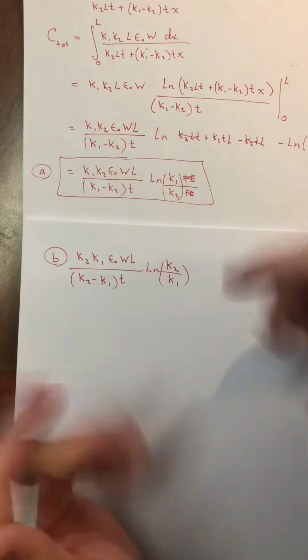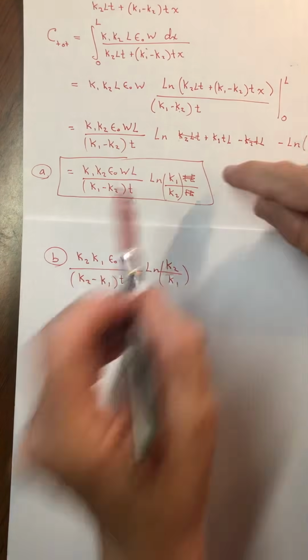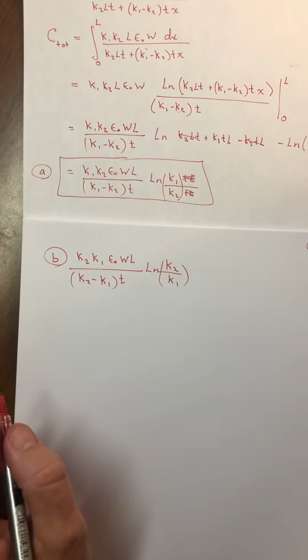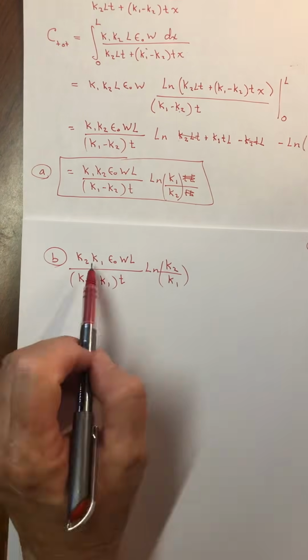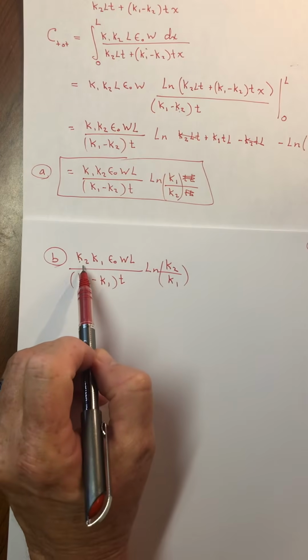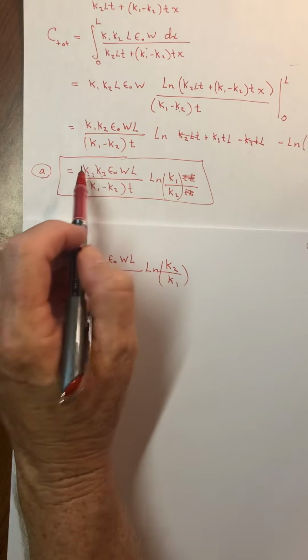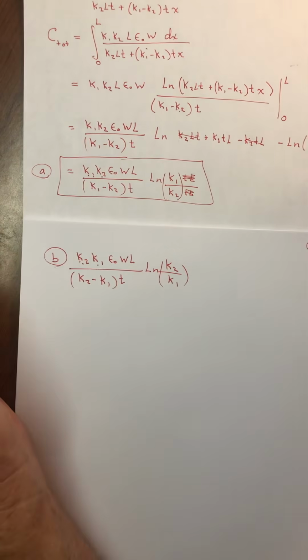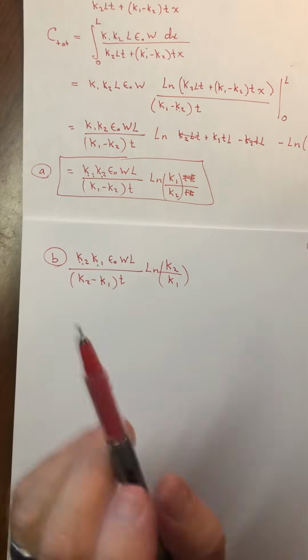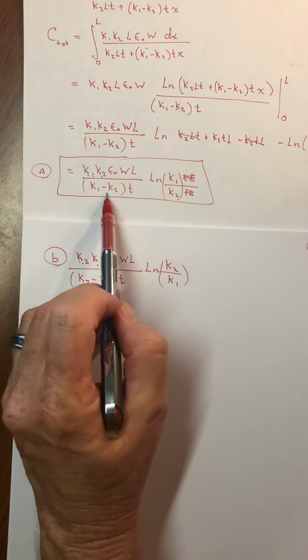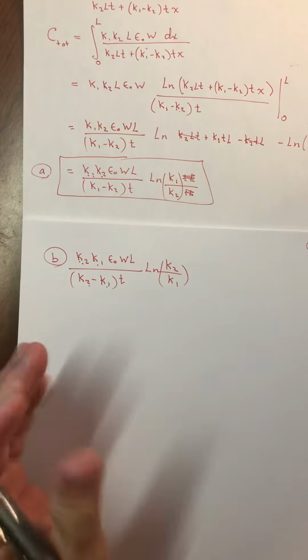And so the question really is now, is this equal to that? And I would say, yes, it is. It may not be immediately obvious. I think this is immediately obvious, that kappa 2 times kappa 1 is the same as kappa 1 times kappa 2. So, okay, those are the same. But what stands out as not being the same is when you switch the order in a subtraction. You know, 5 minus 3 and 3 minus 5 aren't quite the same thing.